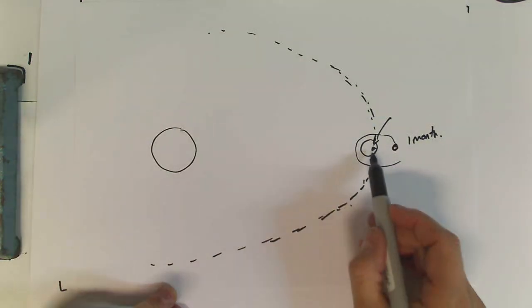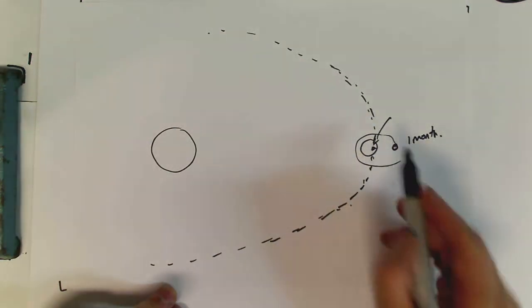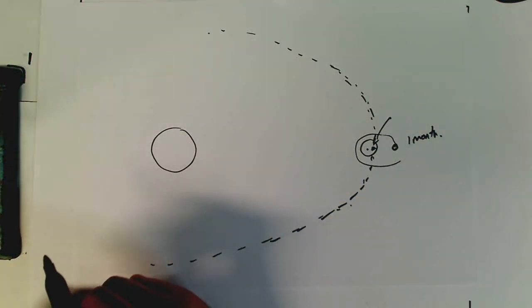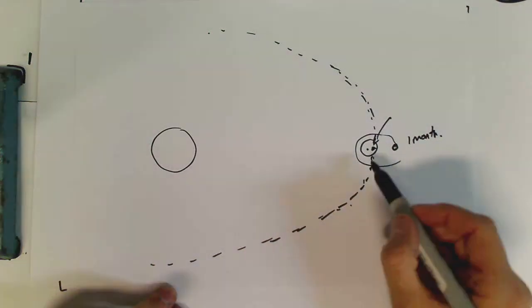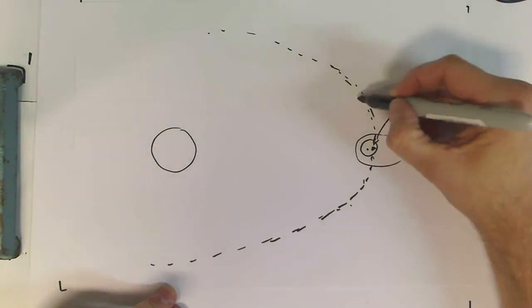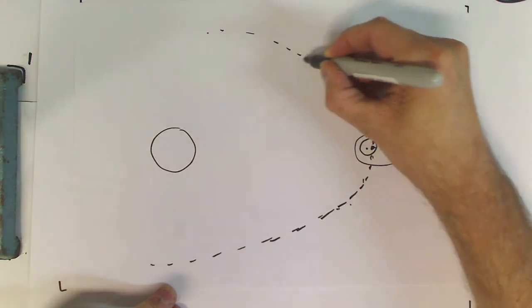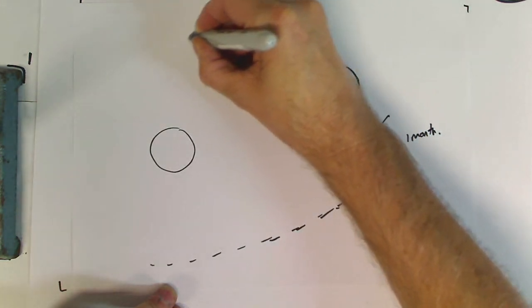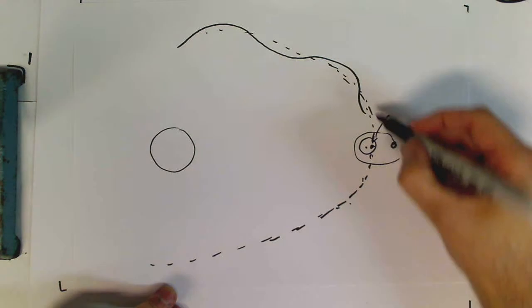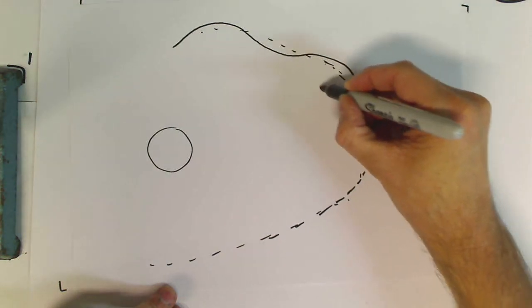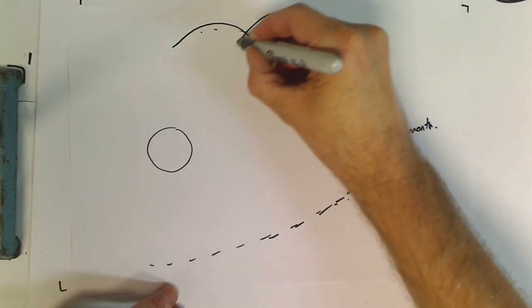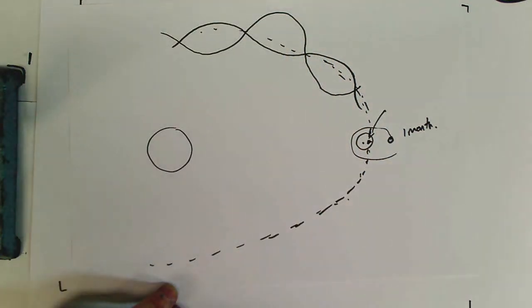So since the distance from the center of the Earth to the center of mass of the system is about 2/3 out from that center, that means that the Earth only makes very small movements every month around that line, whereas the Moon will be making bigger movements because it's further away from the center of mass.